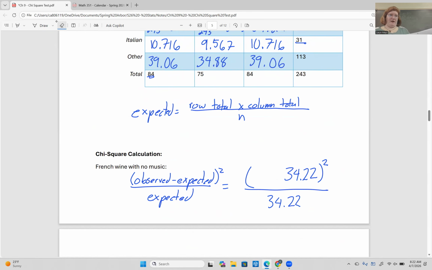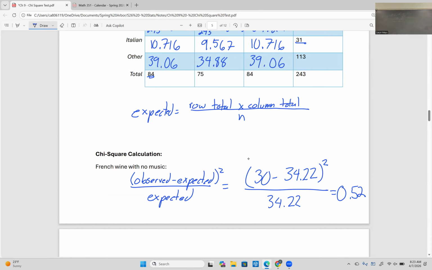So we have 30 minus 34.22, squared, over 34.22. Somebody with the calculator again, what does that work out to be? 0.52.